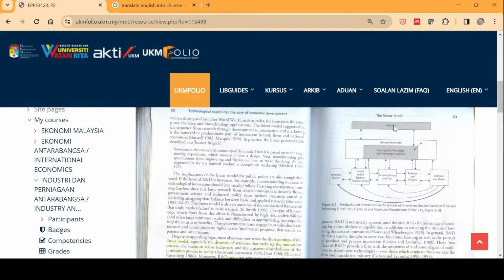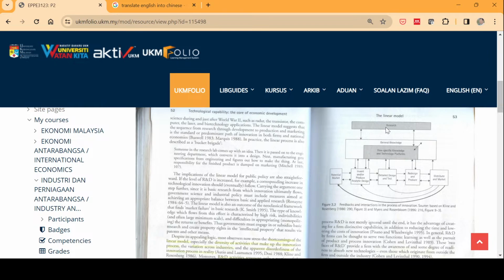Here is basic research, and at the bottom, applied research. Basic research is done by universities and government research institutes, whereas applied research is done by firms.